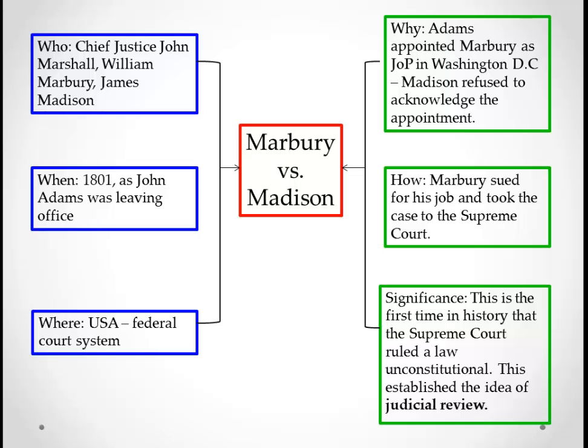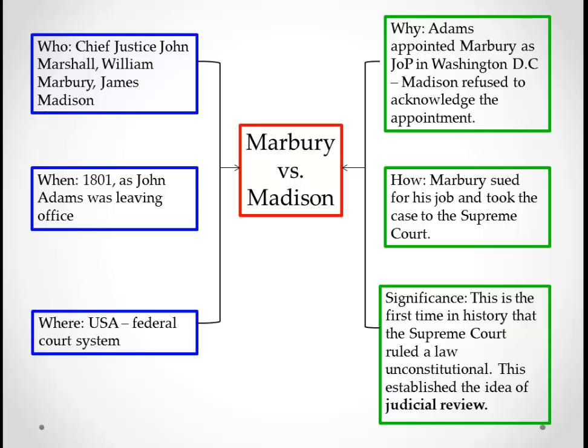When it gets to the Supreme Court, at this point in time, Chief Justice John Marshall and the other justices don't have a ton of powers given to them by the Constitution. So this is really the first time in history that the Supreme Court rules that a law is unconstitutional and void, which means that that law goes against what the Constitution is saying.